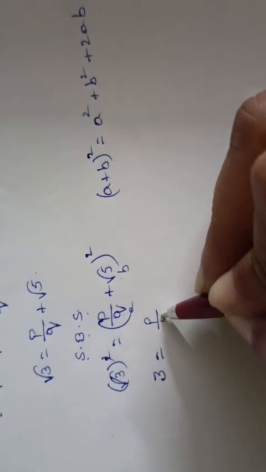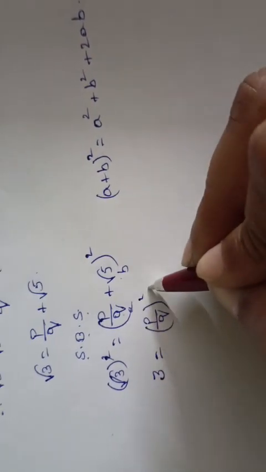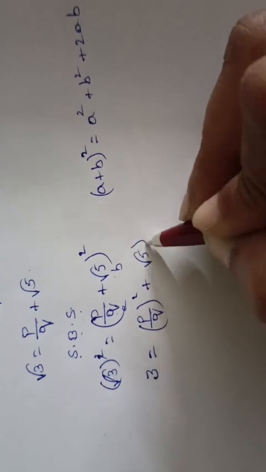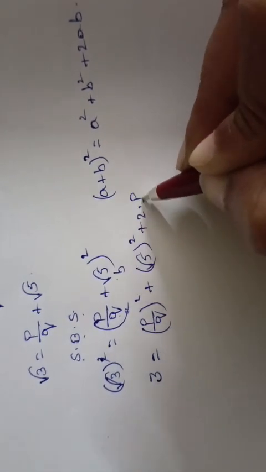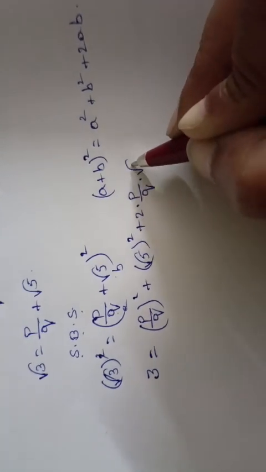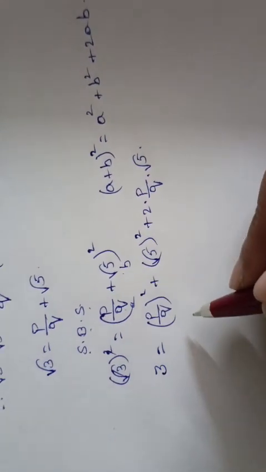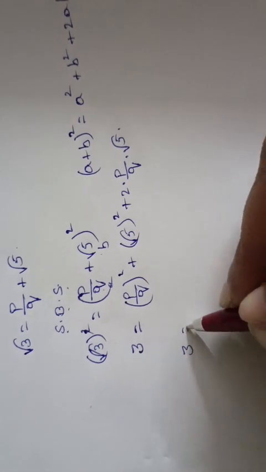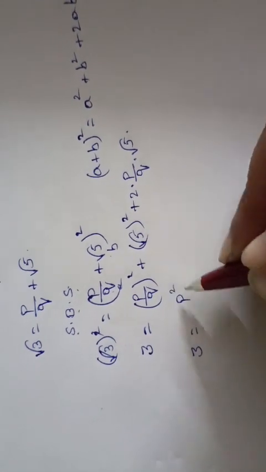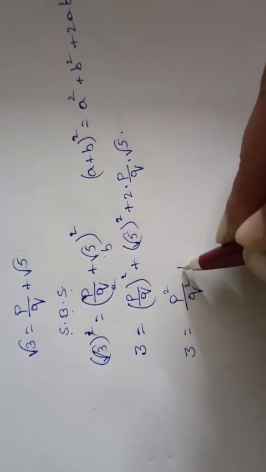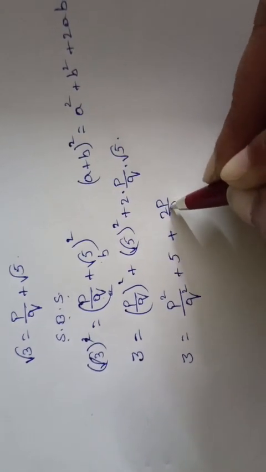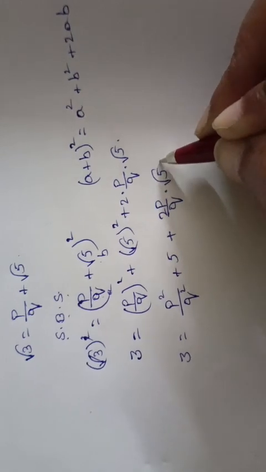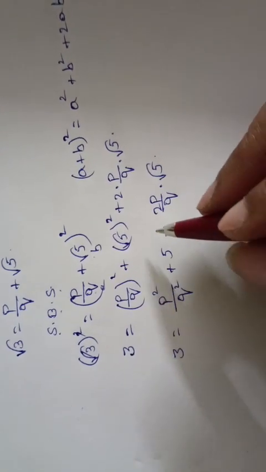So p by q whole square plus b square, that is root 5 whole square, plus 2 into p by q into root 5. Then 3 is equal to p square by q square plus 5 plus 2p by q into root 5.